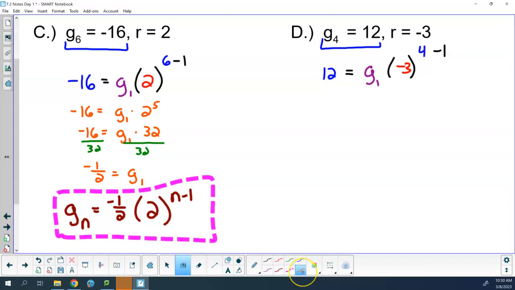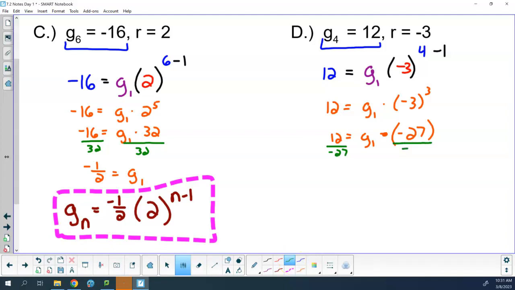So 12 is equal to g sub 1 times negative 3 to the 3rd power, which is negative 27. So divide both sides by negative 27.